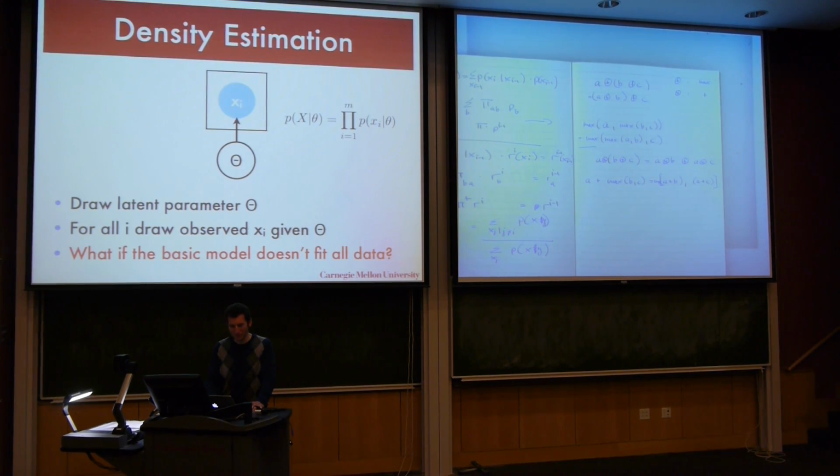Let's do density estimation. We've done this before. This was, for instance, what we used in exponential families. So we have some xi's that we observe, and we have some latent parameter theta, and that's just fine. Now, if we have just a single Gaussian and the data looks like it comes from a single Gaussian, that's good. But in many cases, that's not quite the case.